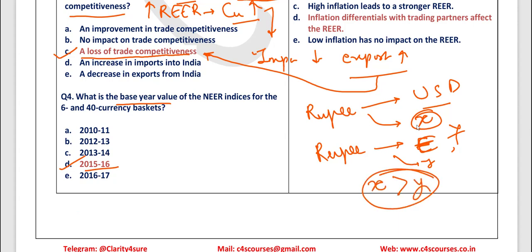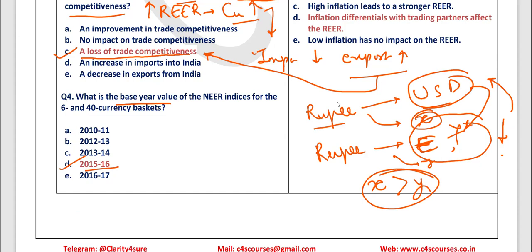The reason is because US dollar has appreciated more against these currencies. That means all these basket of currencies have depreciated against US dollar. So rupee has depreciated more against US dollar, but in comparison this depreciation is low because these basket of currencies have also depreciated, but to a lesser extent than US dollar.